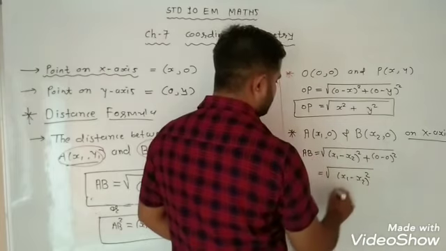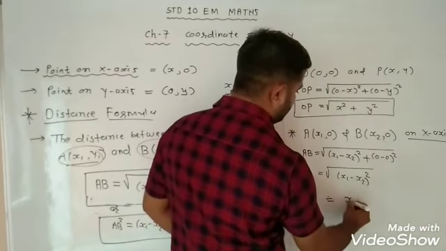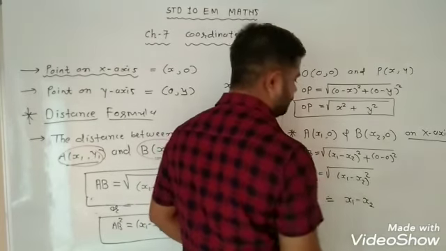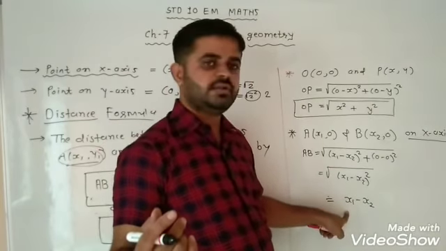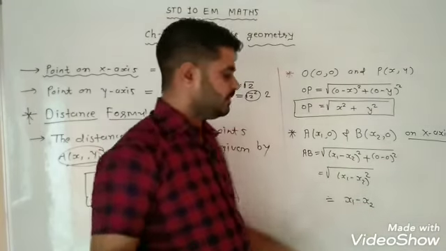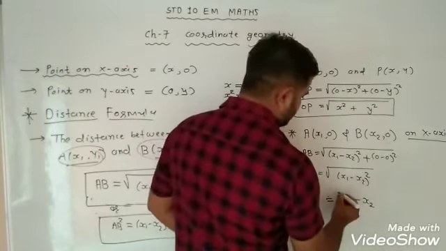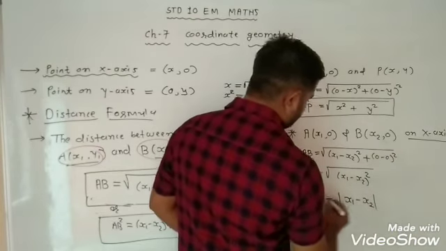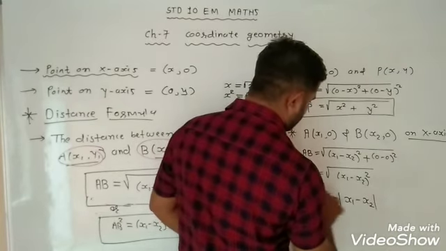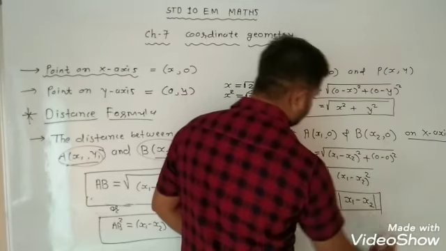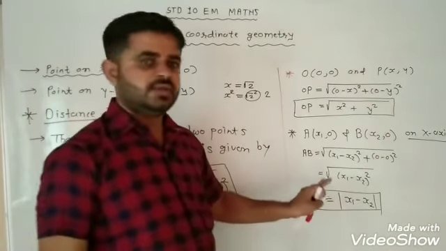If we find the square root of this, then we have only x1 minus x2. But we don't know whether x1 is bigger or x2 is bigger. So we have to take its absolute value in the mod. So AB is equal to mod x1 minus x2. We can write in this form.